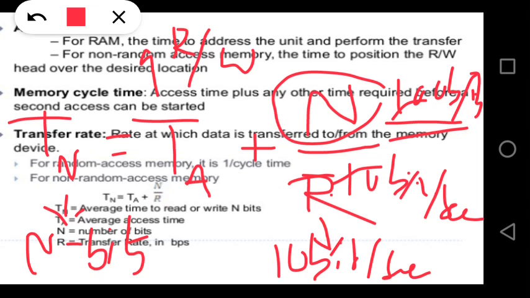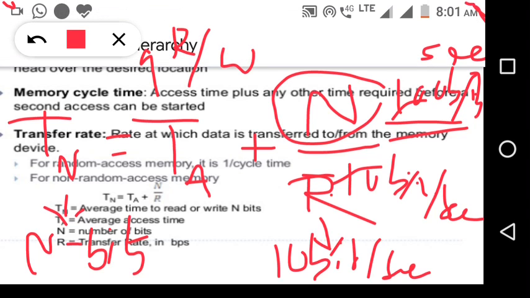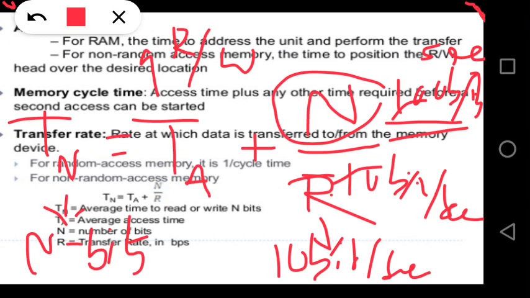So the transfer time depends upon how many bits are required to transfer, and what the data transfer rate is, that is called bits per second.